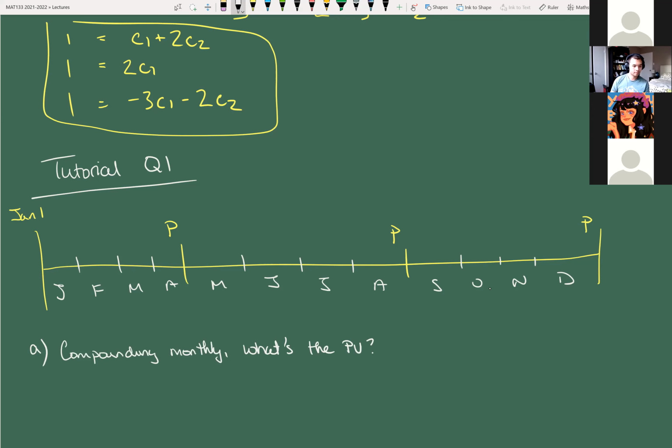As always, we've got these compounding events here. Now, it is quoted as an APR compounding monthly.